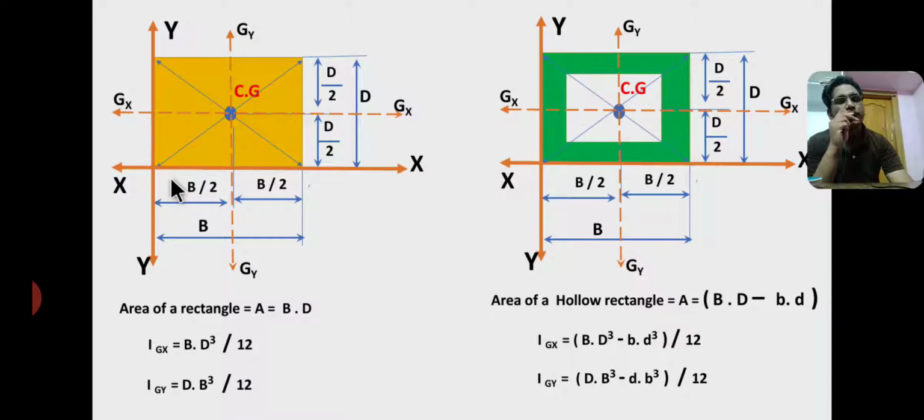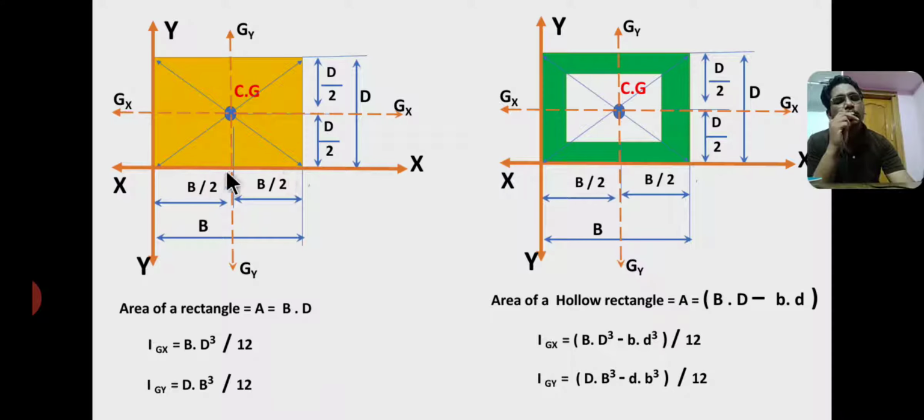First diagram refers to a solid rectangle having base capital B and height capital D. CG refers to the centroid or center of gravity of a rectangle, and it lies at a distance of base by 2 from the y-axis and height by 2 from the x-axis.